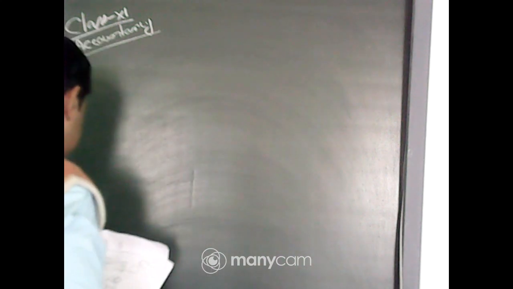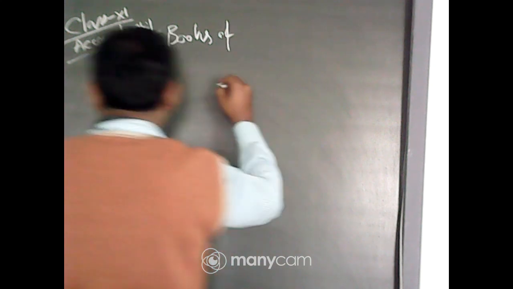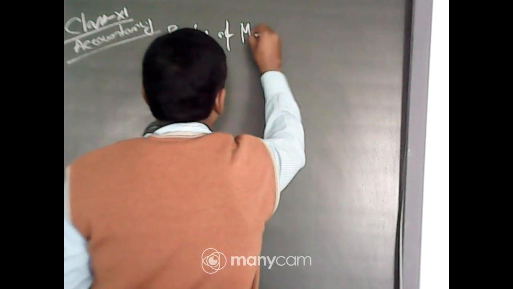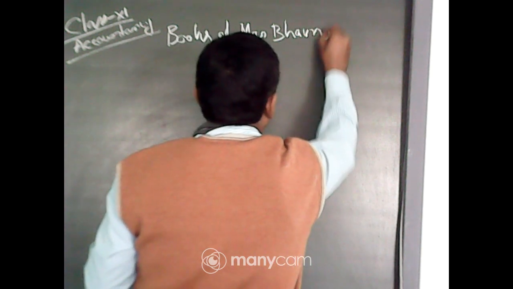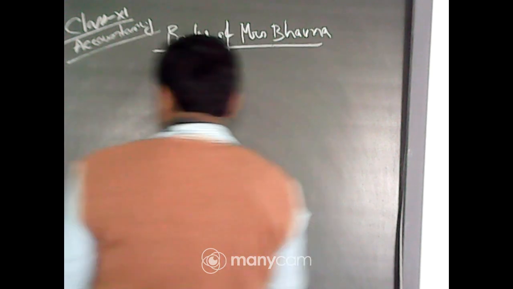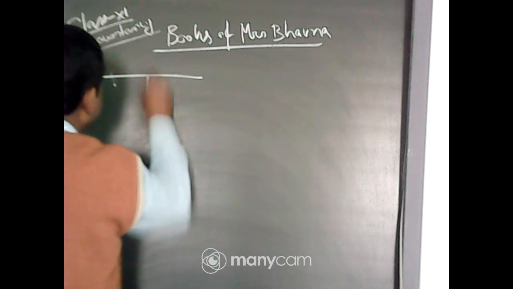Now, first of all, books of Mrs. Bhavna. First we will make a debtors account. We will do it here in T form.